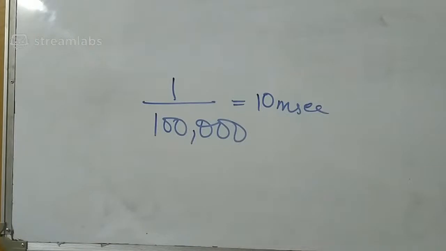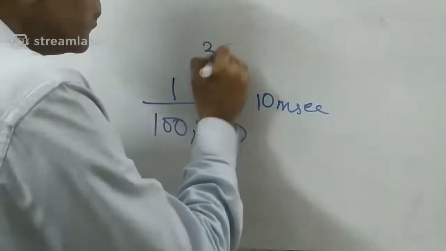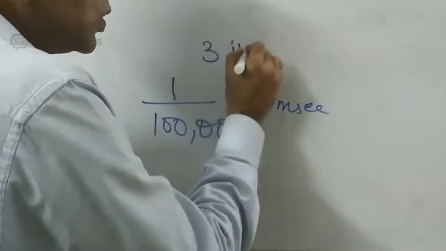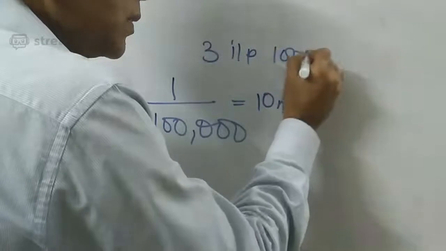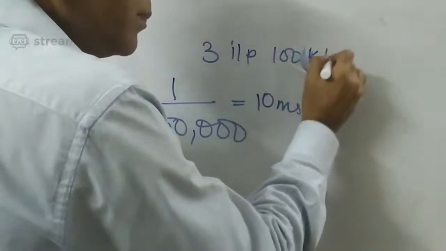And the last one is: what is the bit rate on the link? Now see how many inputs you are clubbing here. 3 inputs of 100 kbps, and you are multiplexing them.